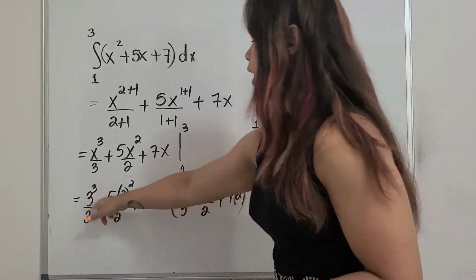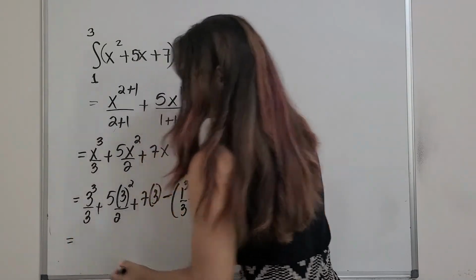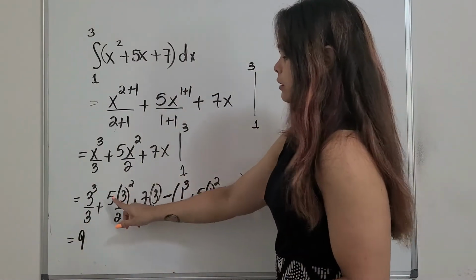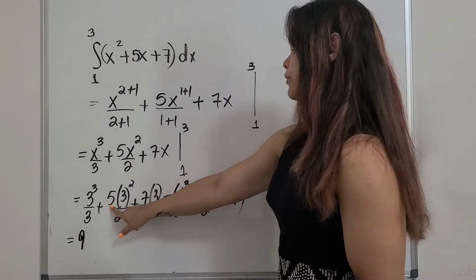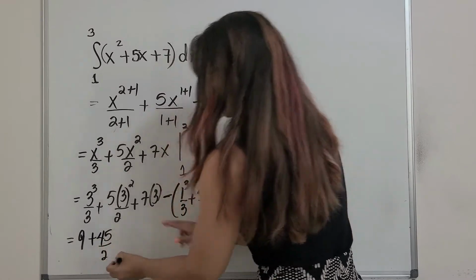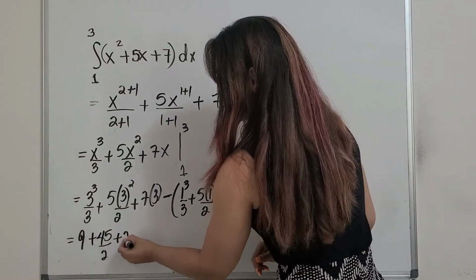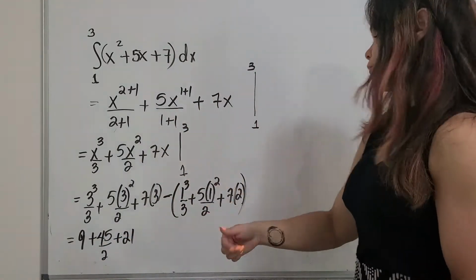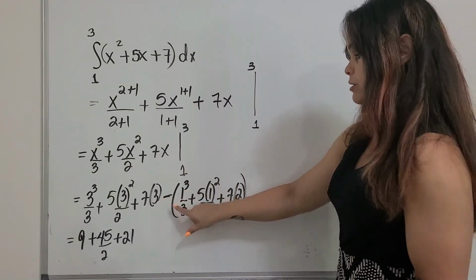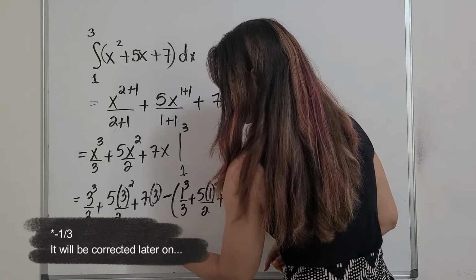Okay, so we have that this is 27 divided by 3, which is 9. This is 9 times 5, which is 45 halves. 7 times 3, which is 21, and continue simplifying. So this is 1 over 3, but it's going to be subtracted. So this is minus 1/3.